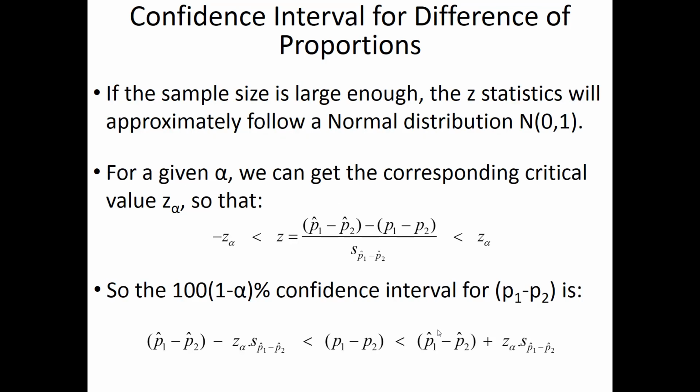If the sample size is large enough, the z-statistic will approximately follow a normal distribution. For a given alpha, we can get the corresponding critical value z alpha so that we can define the limits of our z statistic. So the 100 times 1 minus alpha percent confidence interval for the difference in the population proportions is thus.